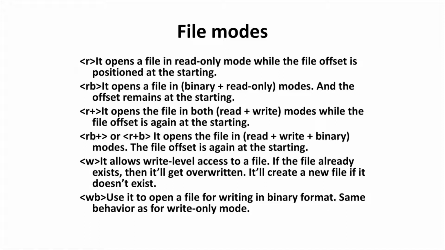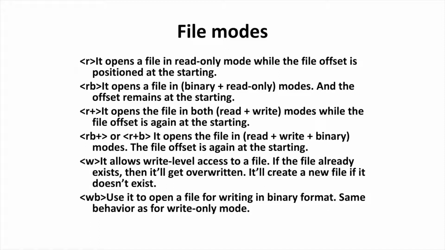Then rb, it opens a file in read only and b indicates it is a binary file and the offset again remains at the starting. r plus, it opens the file in both read and write mode while the offset is again at the starting. rb+ or r+b, it opens the file in read, write and binary modes. The file offset is again at the starting.